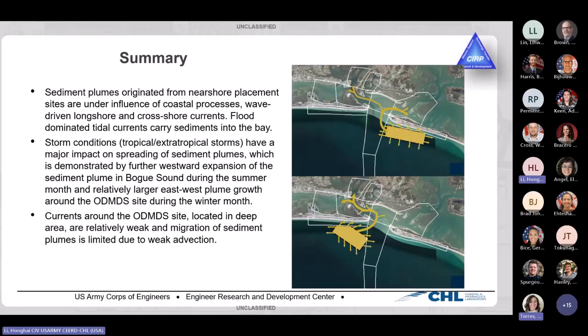That's also corresponding to winter storms. The current in the deep area is relatively weak, so the movement of the sediment plume is limited, due to weak advection. Yeah. I guess that's it. So any questions?